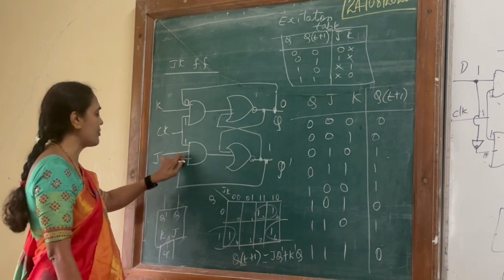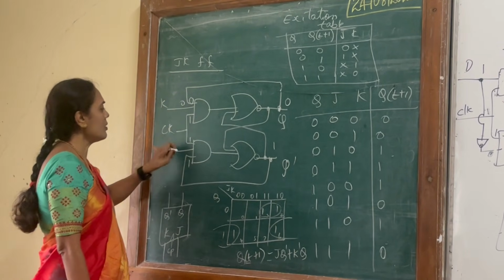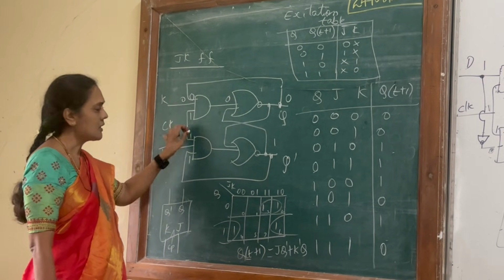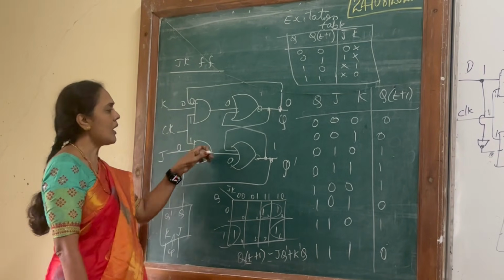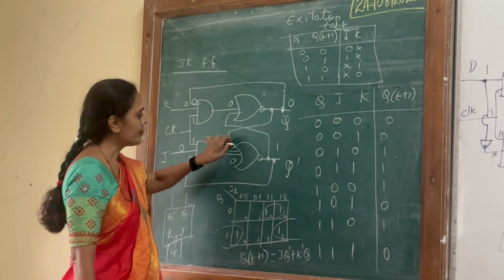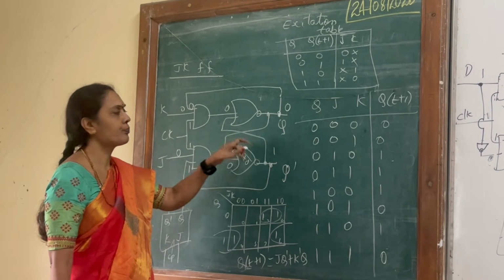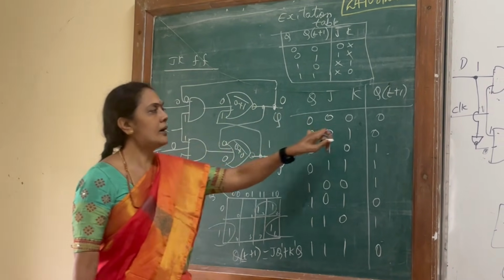Now J and K are 0 and 0. 0 into anything is 0 for an AND gate. Now here this is 0. 0 plus 0 complement is 1. 1 plus 0 complement is 0. Hence I get 0.